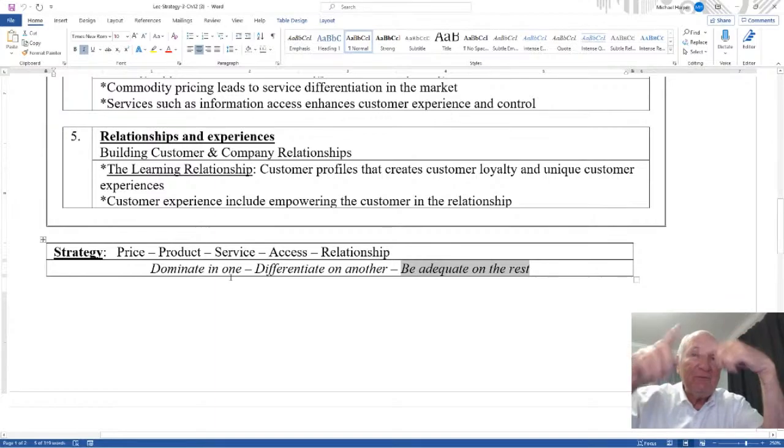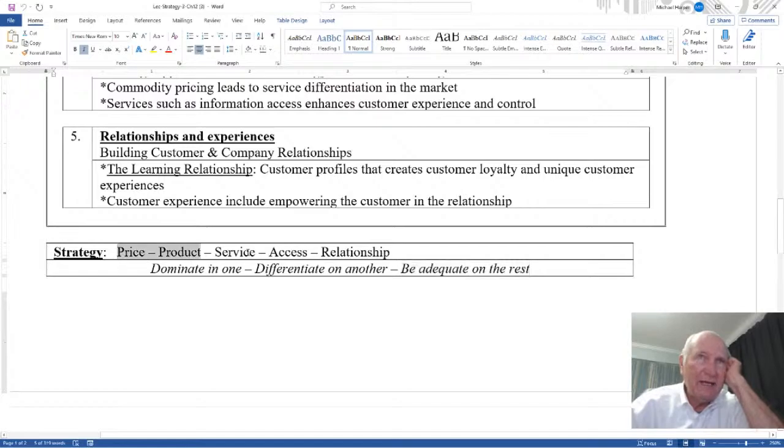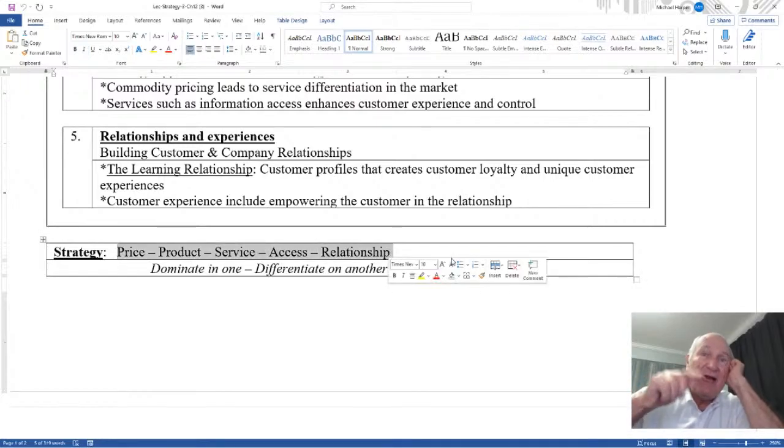Actually, flip that. If you are horrible at any one of these, that will drive them away, and that will eliminate the customer from your product. Okay, so you don't want to be horrible at any one, because if you are, that will drive them away.